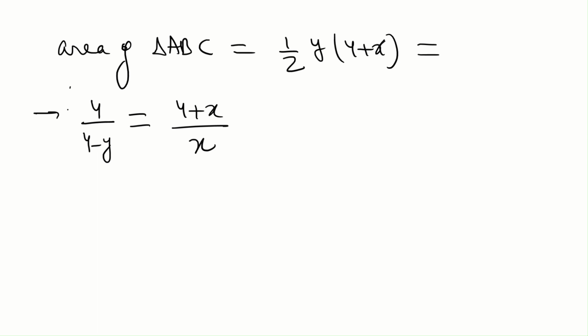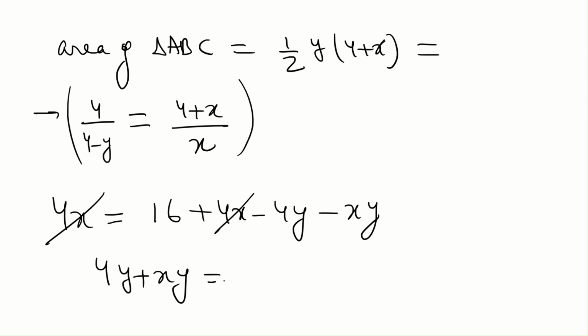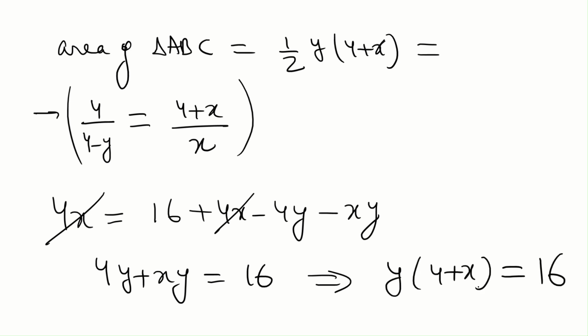And we can solve this equation very easily. Cross multiply the terms. We will get 4x equals 16 plus 4x minus 4y minus x multiplied by y. We are simply cross multiplying the terms, cancel out some terms, and we will get 4y plus xy equals 16, or in other words, y times (4 plus x) is coming out to be 16 units.